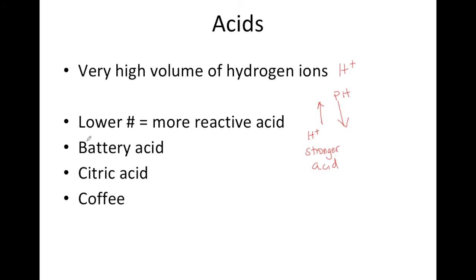So battery acid is a really strong acid, and it has, I think, a pH of around 1. Citric acid, what you find in lemons, is considered also to be a strong acid, so it's usually around 1 to 2. But you can see that we do eat some citric acid, not really battery acid.